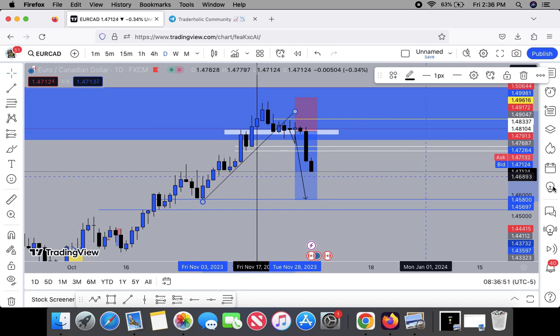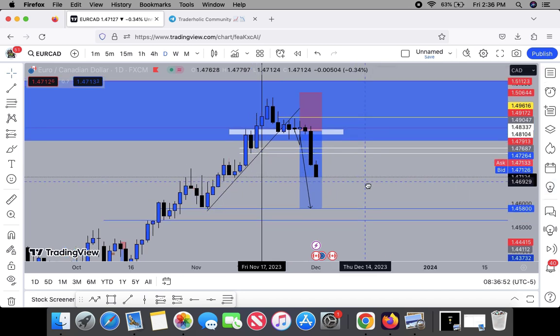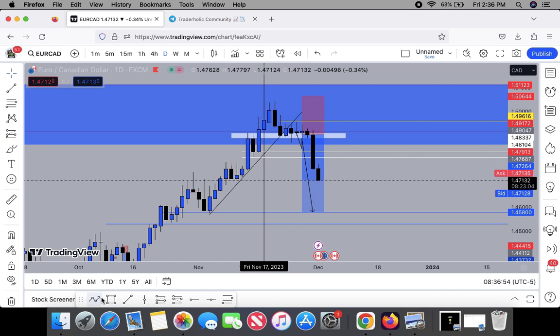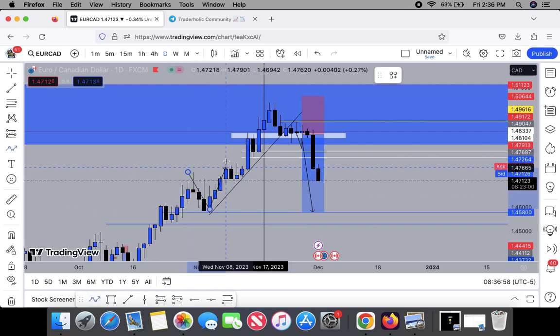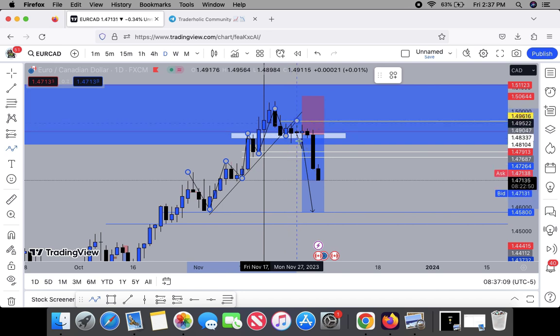So this trend has to do something like this, this, this, then fail to create a new higher high, then break the low, then retest and drop.